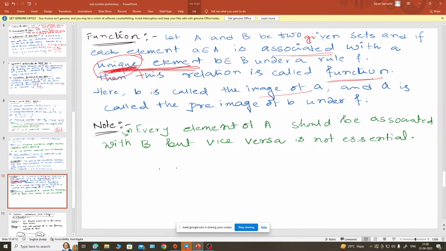This type of definition we can easily sort out by considering a counter example.